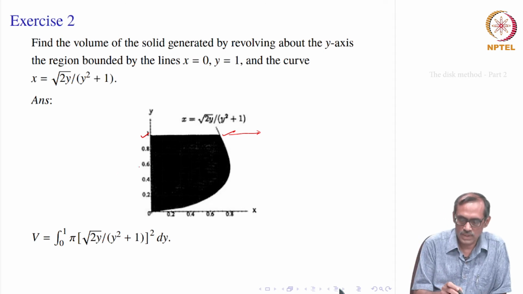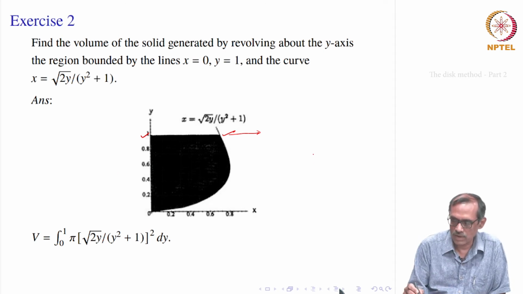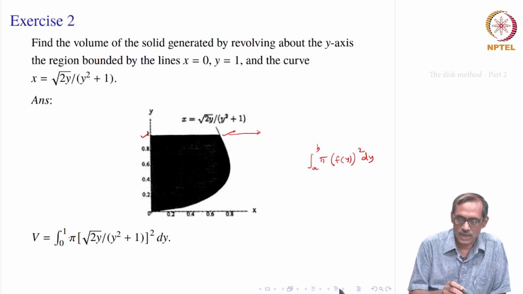Fine. So, when it is the y axis, it will be our earlier one, the integral a to b pi f of y square dy. So, that is pi x square really. Then what are the limits?